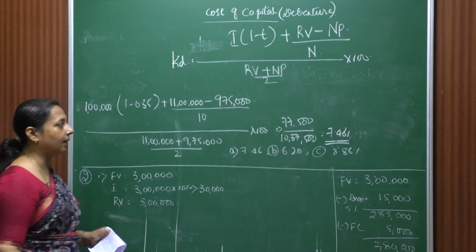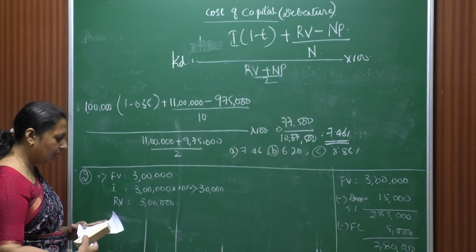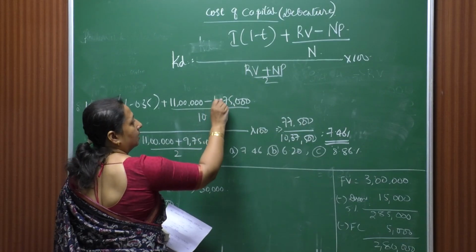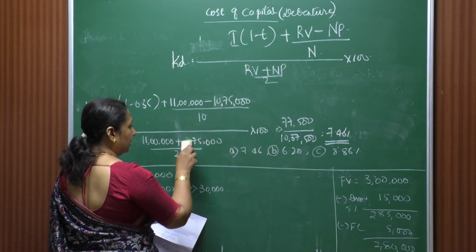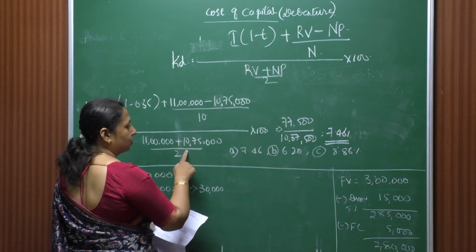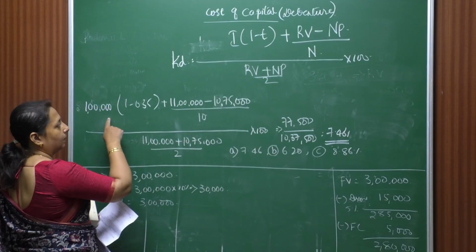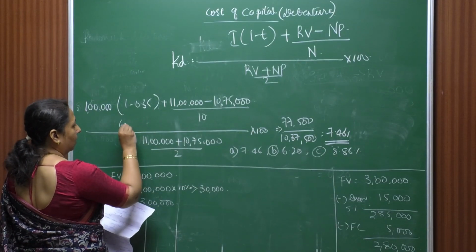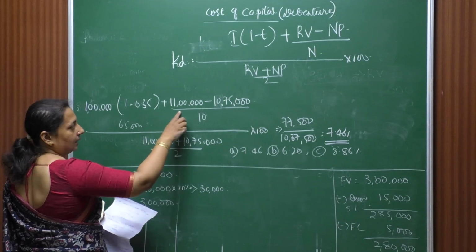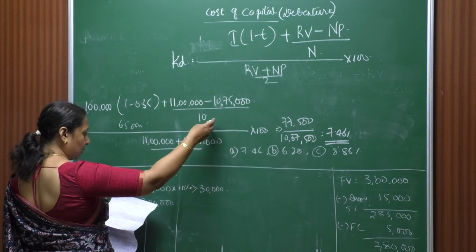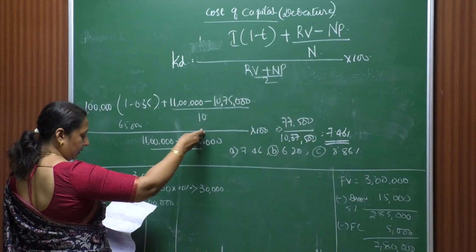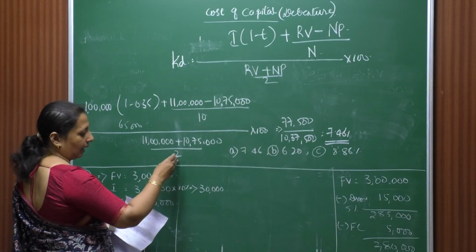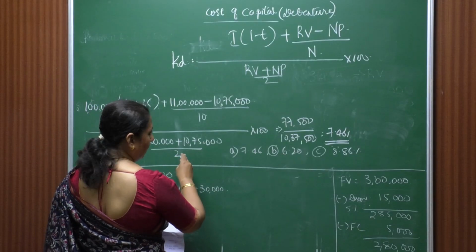If you do it at a premium, net proceeds are around 10,75,000. Same thing, substitute 10,75,000, 1 minus tax, this is 0.65, so you will get 65,000 here, multiply with 11 lakh minus 10 lakh 75,000, that is 25,000 divided by 10, and then total 22 lakh something, on an average you will get around 10 lakh 87,500.